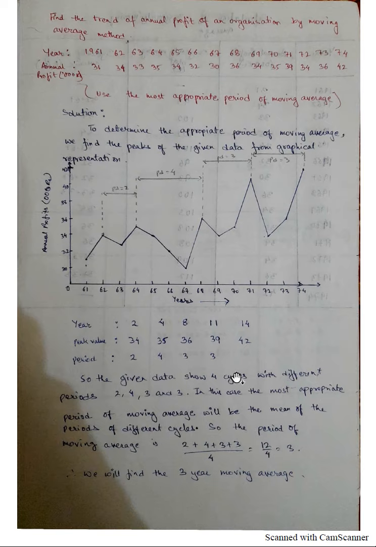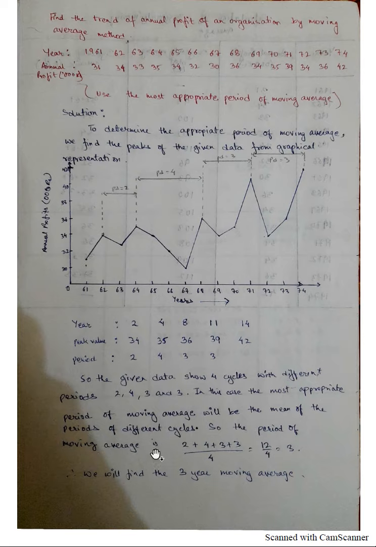So how will you get the most appropriate period? You will take the arithmetic mean of all these periods, which is also given here. You will get the most appropriate period that you may use.